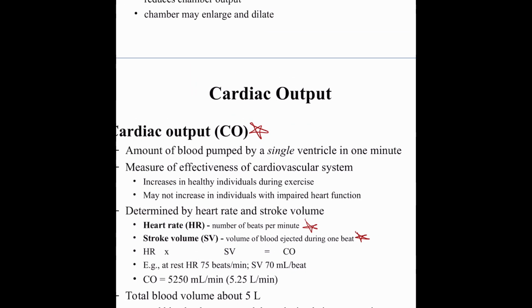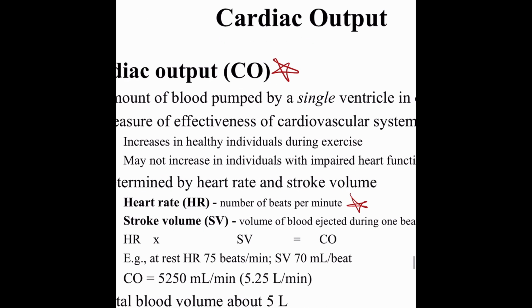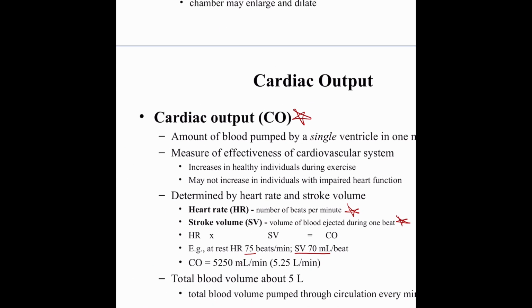I think we get a little bit further into that as we get into cardiac output. So, cardiac output: the amount of blood pumped by a single ventricle in 1 minute. Right? So a measure of the effectiveness of our cardiovascular system.